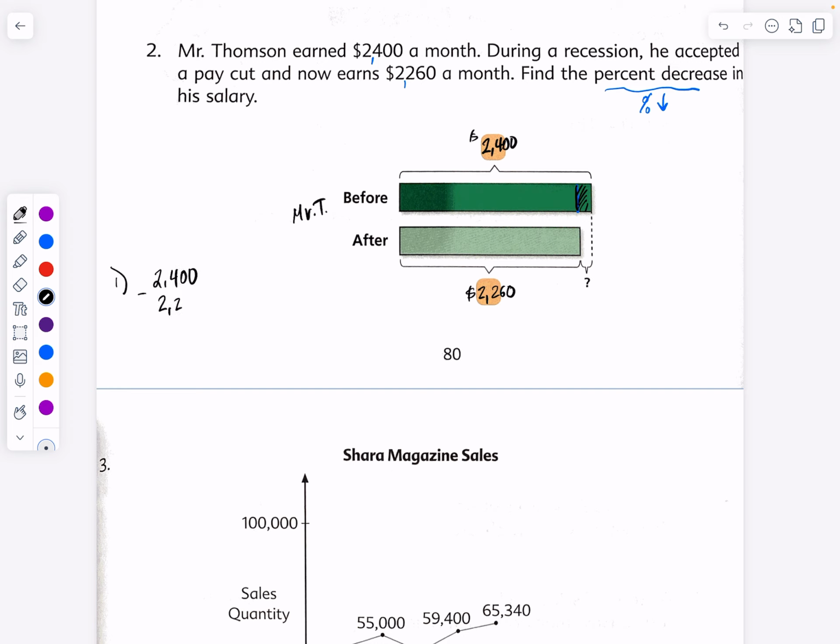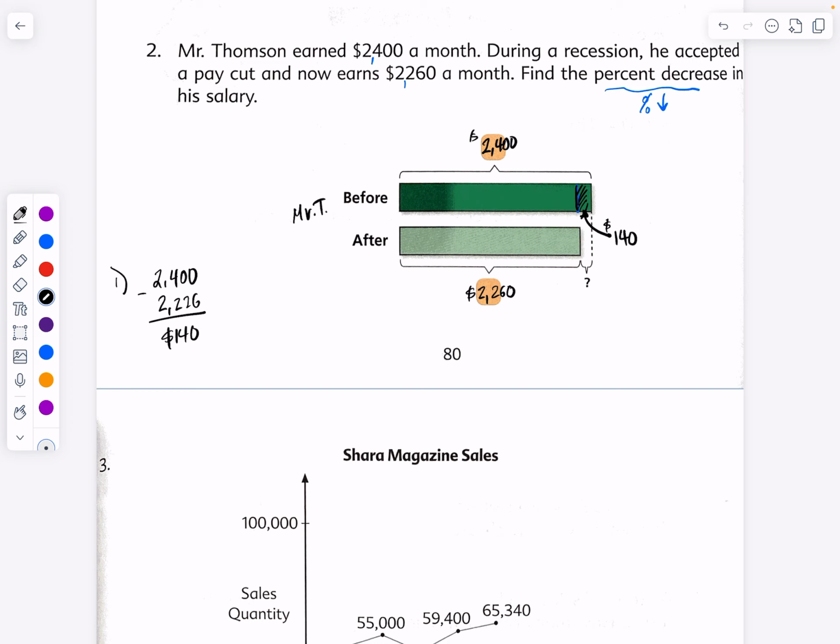And of course, to find the difference, we use subtraction. That's our 3rd grade math. And it is a $140 difference. So this piece, this difference, is $140. Now, they're not asking how much was his salary change. They say find the percent decrease.